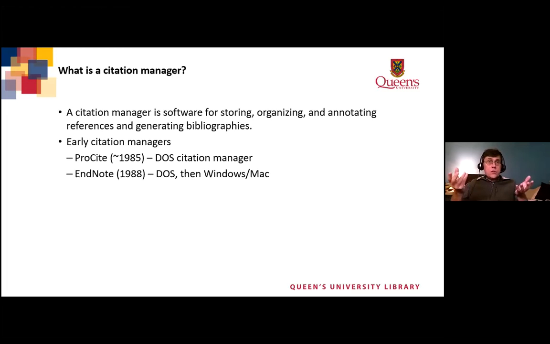ProCite is out of print; I don't think it's available anymore. EndNote, which is still around and is available here at Queen's, was launched in 1988. It was launched first as a DOS program, and then it became a program for Windows and the Mac. So EndNote has been around for a very, very long time.